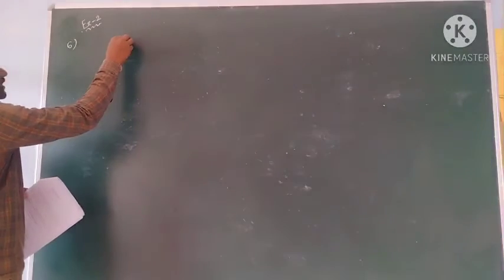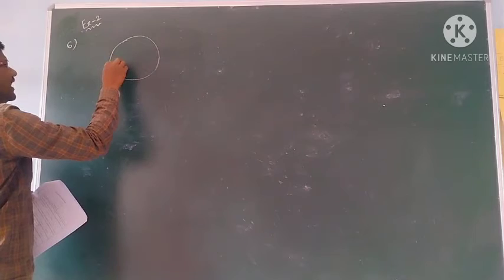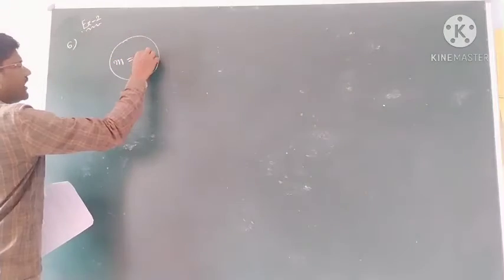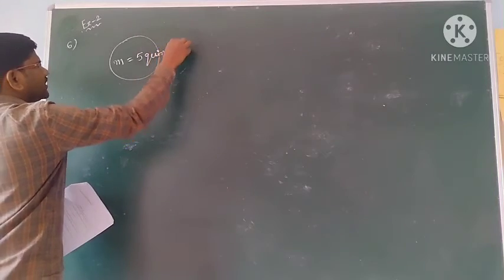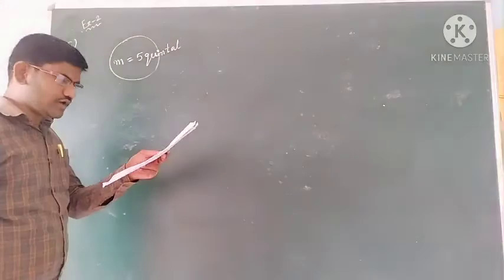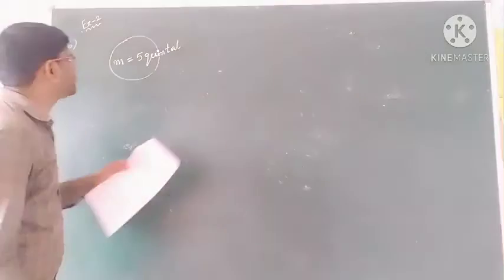There is an object. It has mass m, and this mass is equal to 5 quintal. A constant force acts for 5 seconds on a body of mass 5 quintal and then ceases to act.